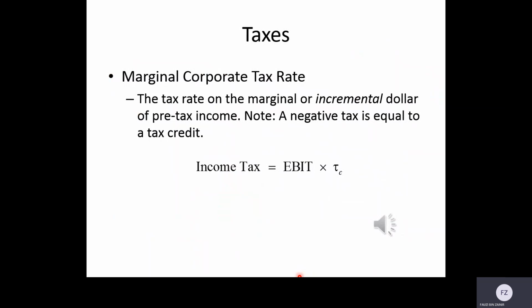If we come up with the EBIT as a negative figure and then multiply by the tax rate, the income tax becomes a tax credit, which can be used to offset against any profit that the company actually makes in the future.